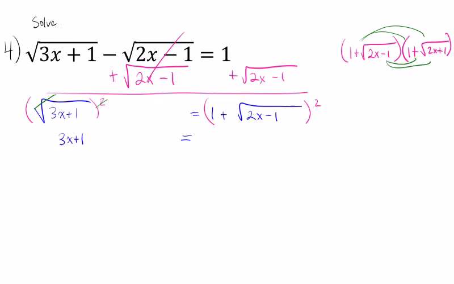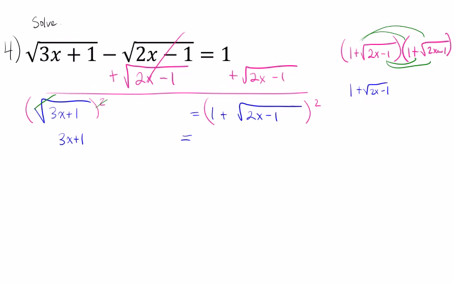And so we're going to end up with 1 times 1, which is 1, right? 1 times root 2x minus 1. Yeah, actually I see that I messed that up here, right? It should be 2x minus 1. Okay. Anyway, 1 times root 2x minus 1 is root 2x minus 1.